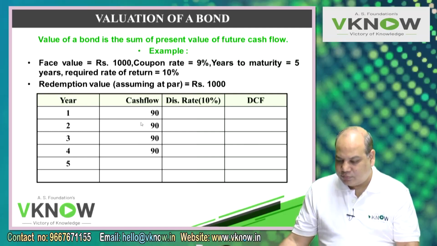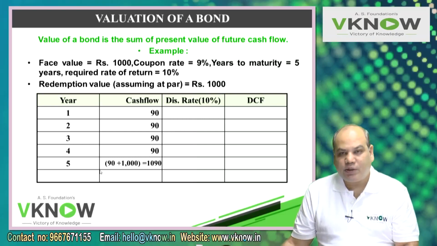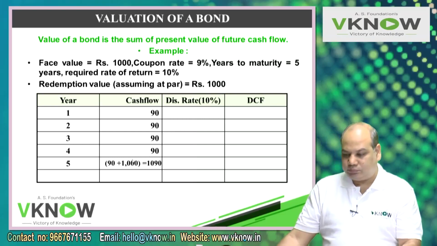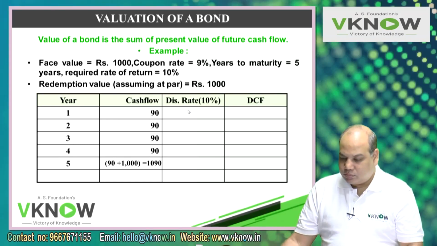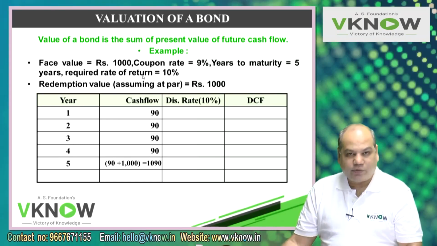First 4 years only coupon. Last year what will happen? It will pay 90 rupees plus it will also redeem the bond at par, that is 1000. So the last figure will be 90 plus 1000, 1090.